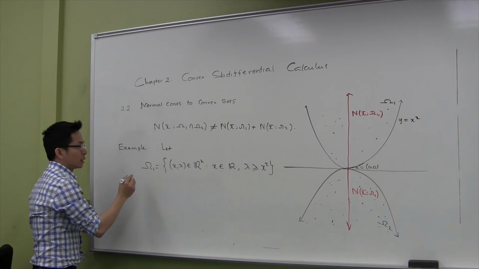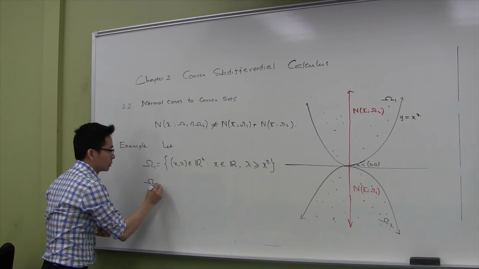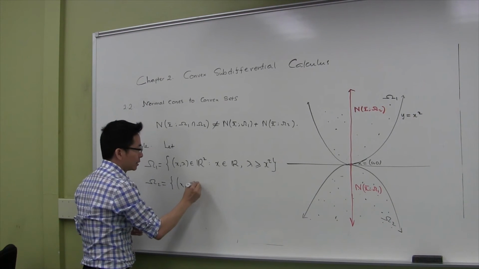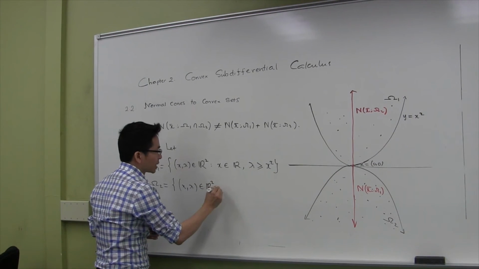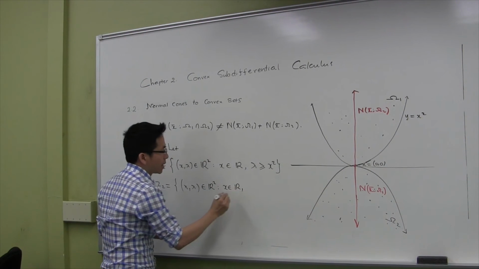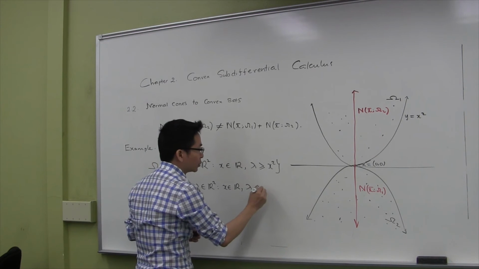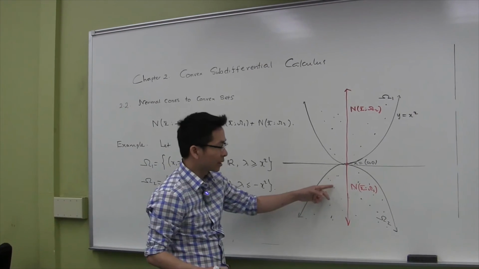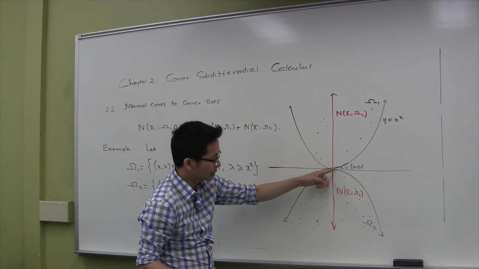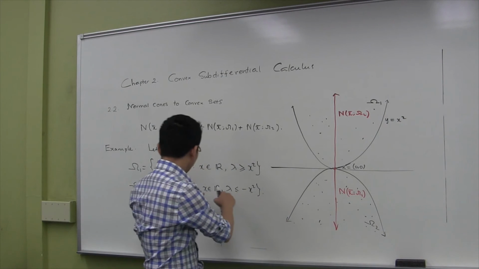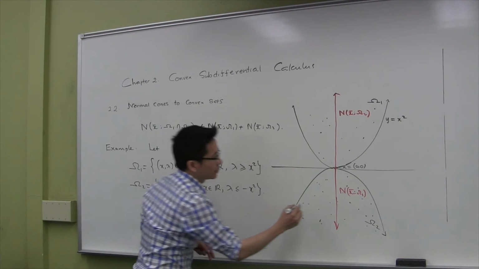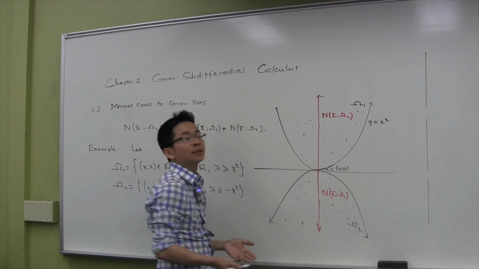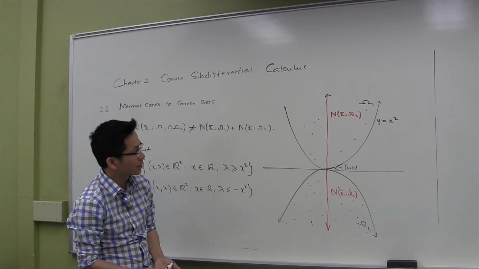And then the set omega 2 is given by all (x, lambda) in R2 such that x is in R and lambda is less than or equal to minus x squared.